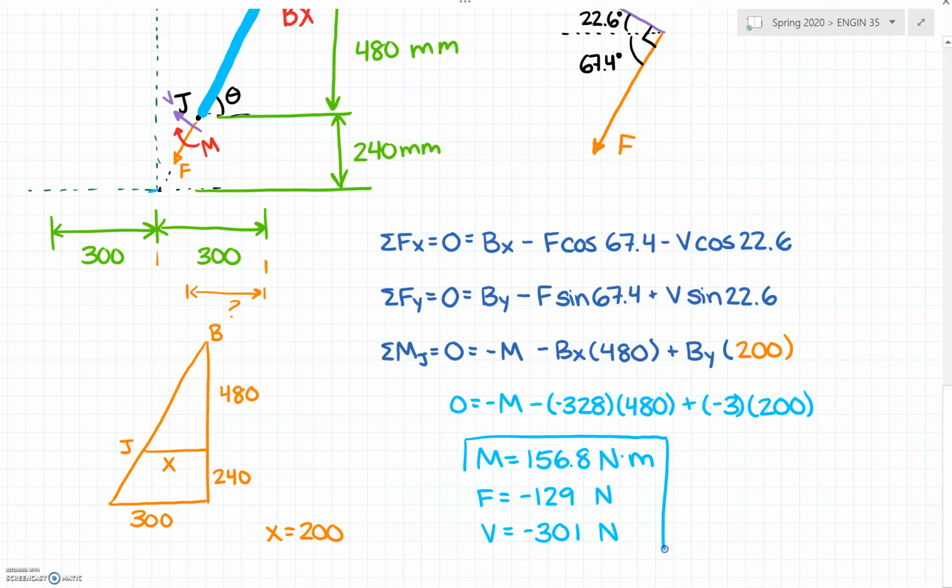Those minuses mean that I drew the forces in the wrong direction. So F is actually going in the opposite direction, and V is going in the opposite direction as well. That's our first example of solving for internal forces and bending moments of rigid bodies.